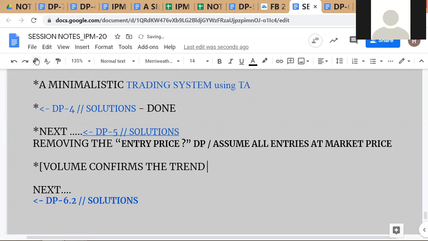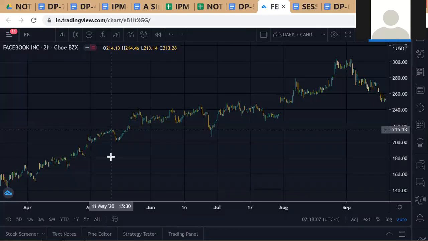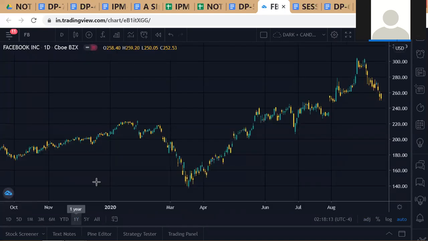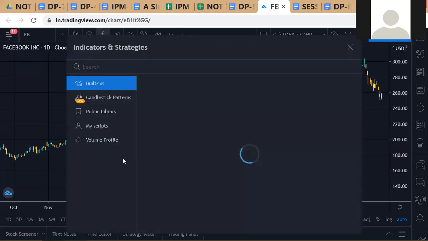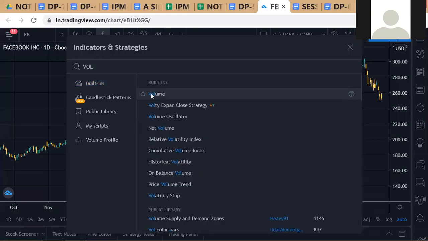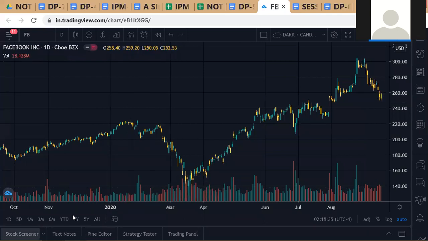So if we have, let's say, Facebook, using, let's say, 1 year. Generally, if we want to look at indicators, somebody is not on mute, the background noise is coming in. If you want to look at volume, I don't know if this is the actual volume that they have, but you can see this.